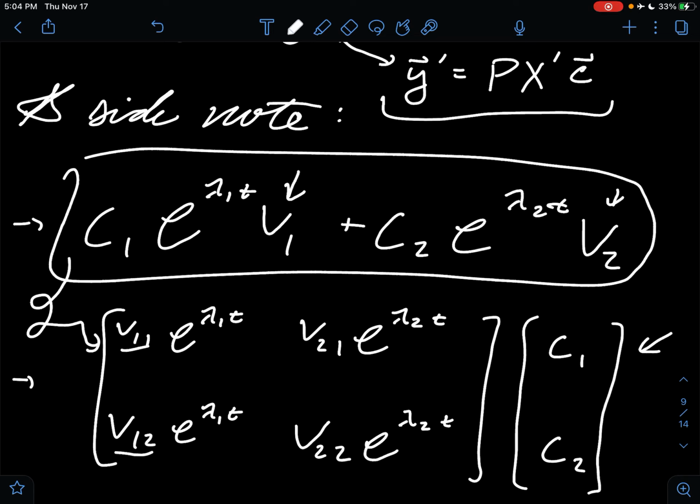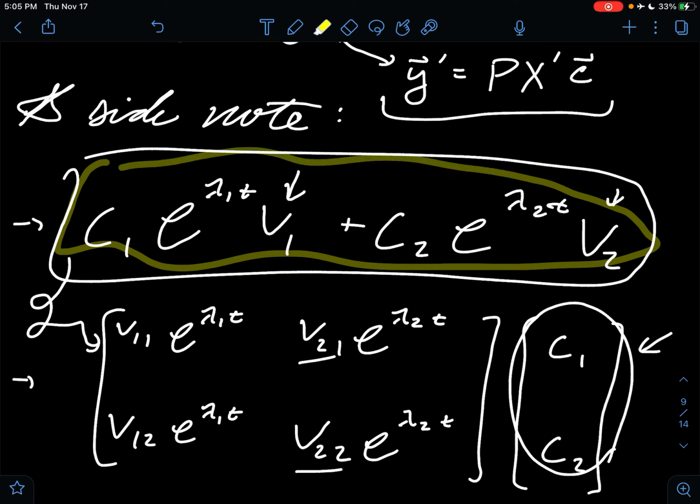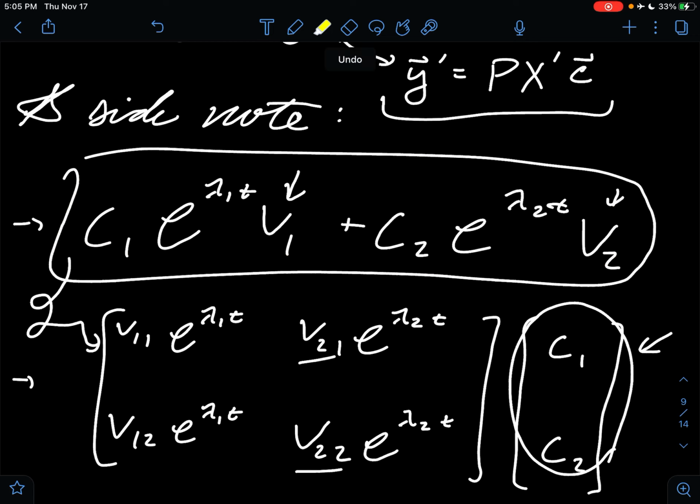I take the first component of v1 and the second component of v1, and I put them in a column here, and the first and second components of v2, and I put them in this column. If I then multiply by this constant vector, I get back the solution that I wanted. It's just another way to write it, just another type of bookkeeping.